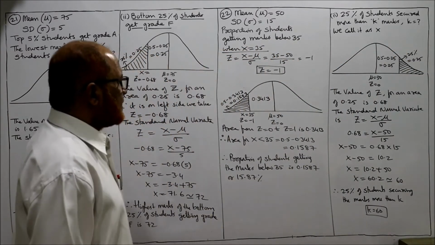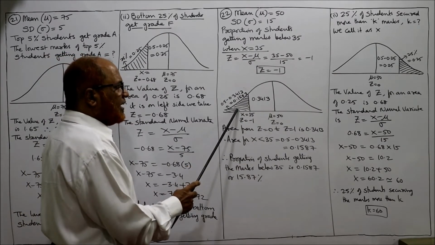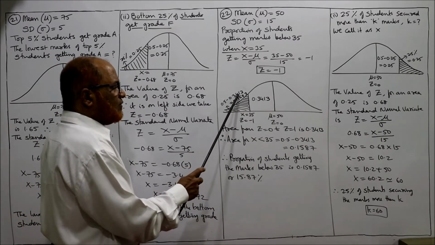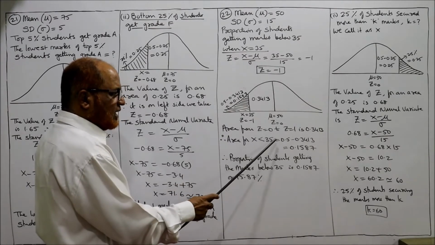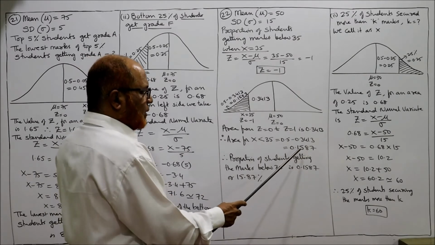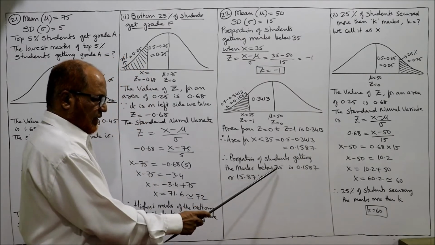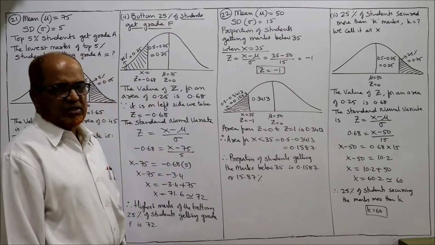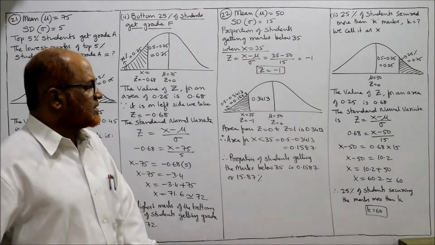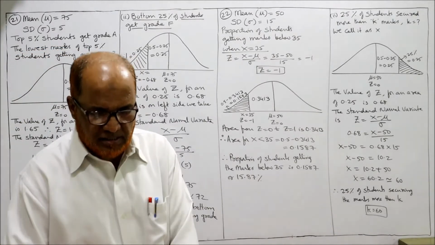So you can see this unshaded area is 0.3413, so the shaded area is 0.5 minus 0.3413, which is 0.1587. Therefore, x less than 35 gives 0.1587. The proportion of students getting marks below 35 is 0.1587 or 15.87%. So 15.87% of students got marks below 35. That's it. This is the first question.